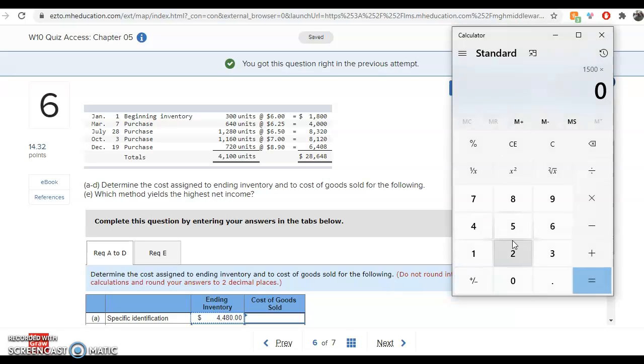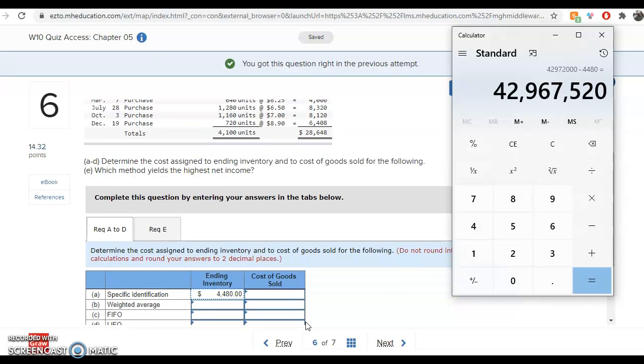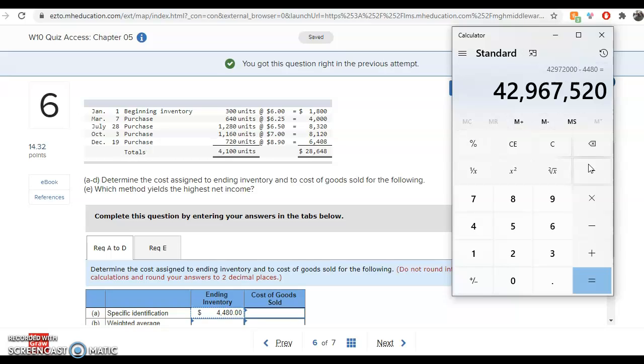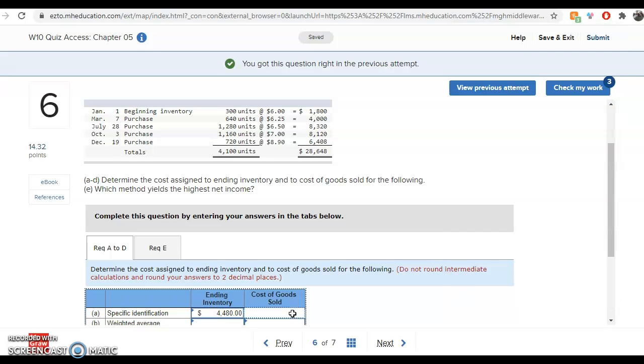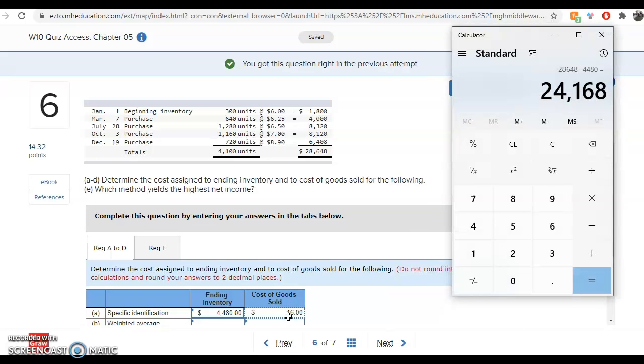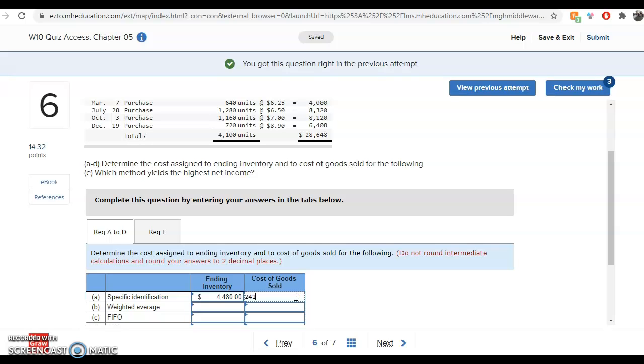We're lucky they already did the math for us. So we take 28,648, which is our beginning inventory plus our net purchases, and subtract our ending inventory, 4,480. That gives us our cost of goods sold: 24,168.